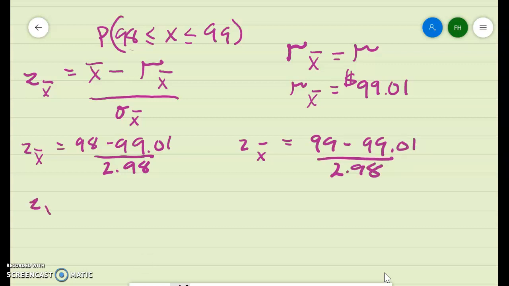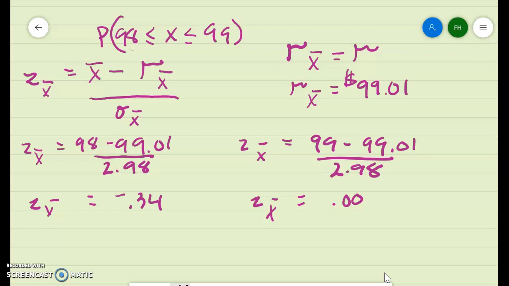And so over here you're going to get negative 0.34, and over here, which may seem strange, it's really greater than 0.00, but we're rounding.